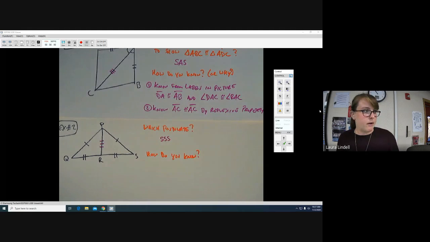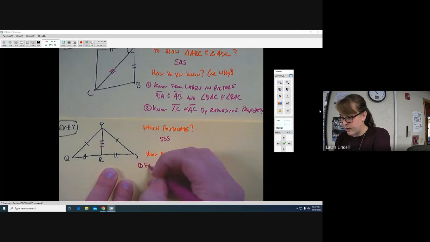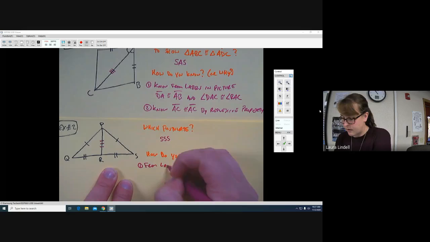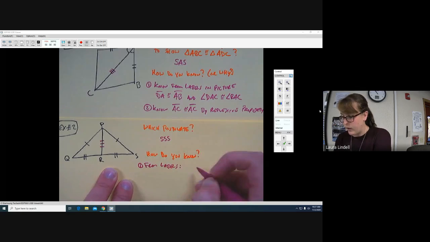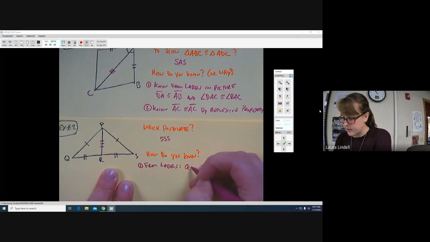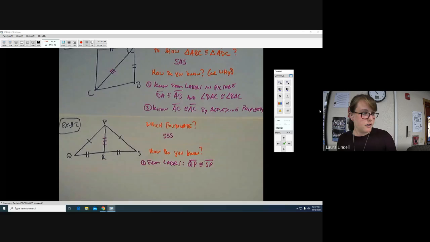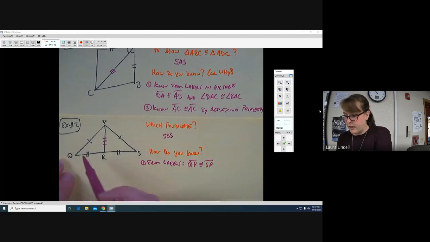And now we have to talk about how we know. So the first one from labels. We know that QP and SP are congruent. And then we also know that QR and RS are congruent.